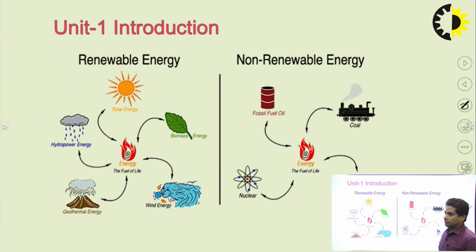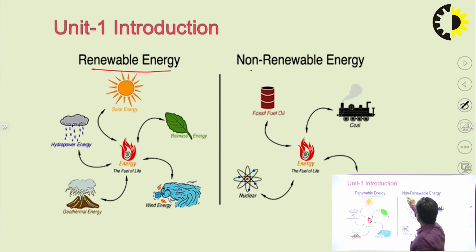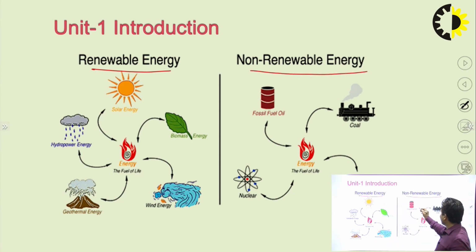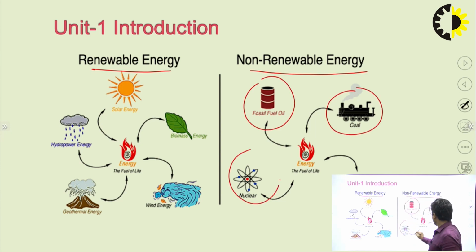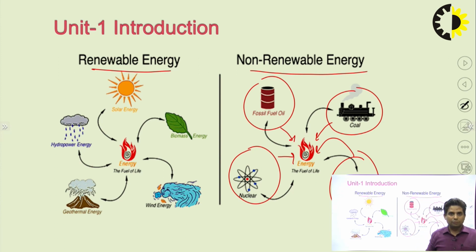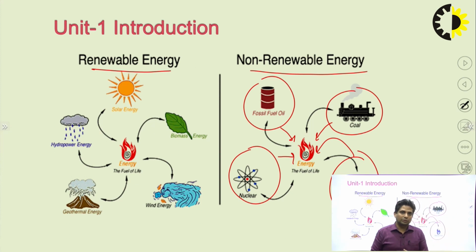Take an example: renewable energy and non-renewable energy. Mostly we are using non-renewable energy resources like coal, fuel oil, nuclear, natural gases. These are the main sources for energy production, but they are limited, and after some years or decades these sources will stop.